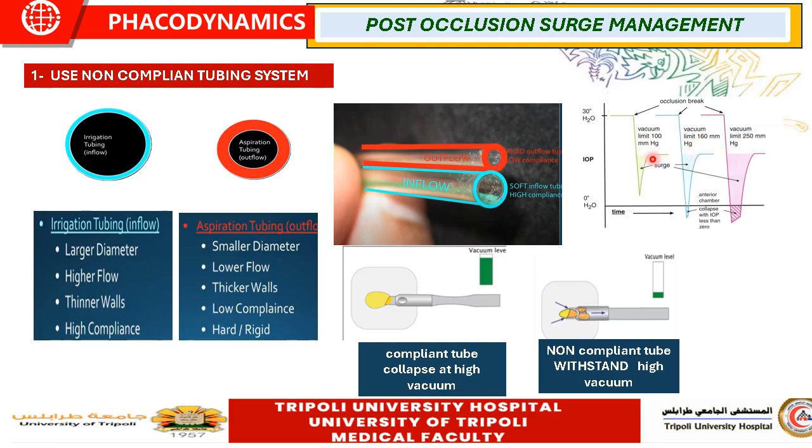If the vacuum is 100 or 150 or 250, you will see the post-occlusion behavior. Once the occlusion is overcome, you see a sudden drop of the pressure and then it returns back. So the higher the vacuum preset value, the higher the risk of surge in this type of tube. So one of the important measures is to make sure that your tubes are non-compliant and that you are using the ideal tubes for the irrigation port and for the aspiration port.